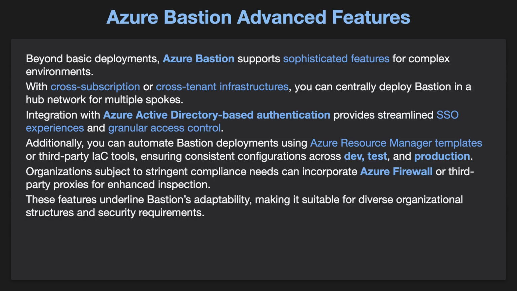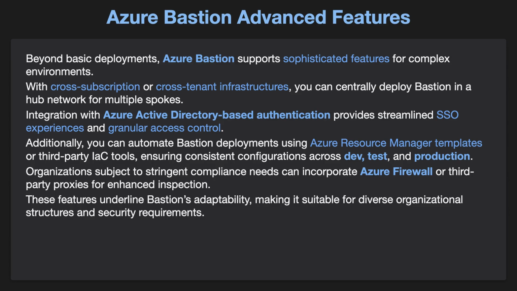Beyond basic deployments, Azure Bastion supports sophisticated features for complex environments. With cross-subscription or cross-tenant infrastructures, you can centrally deploy Bastion in a hub network for multiple spokes. Integration with Azure Active Directory-based authentication provides streamlined SSO experiences and granular access control.